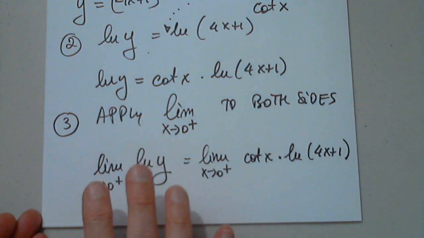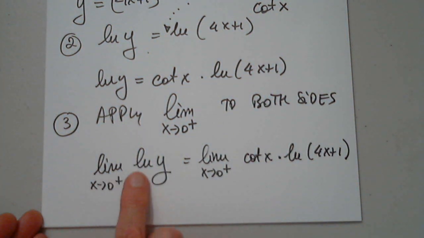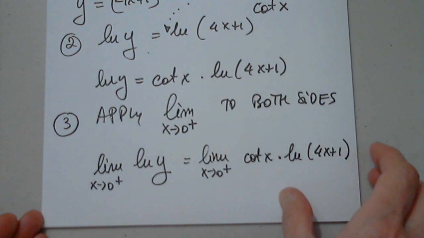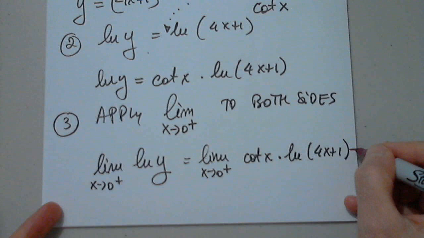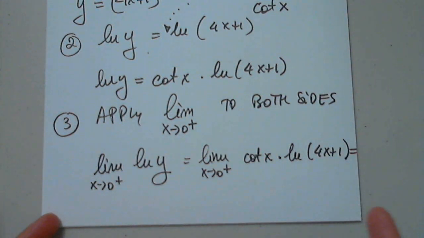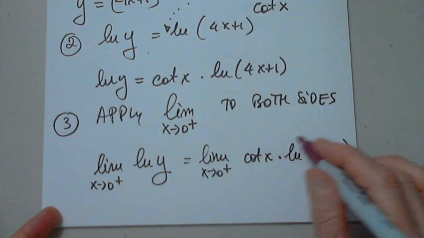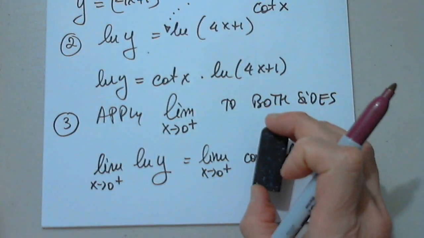Yes, I know we're not asked to find the limit of the natural log. We will, and then I'll explain next what follows. Okay, so I continue. This equals, equals, equals. It's okay. At this point, I have to see what's happening here. So let's start with the easy part.